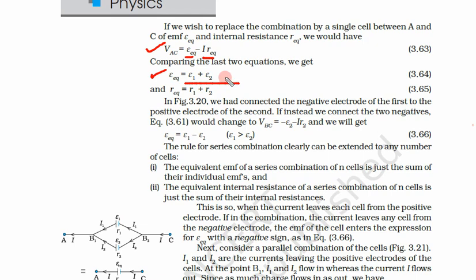It is a combination of both the EMFs, epsilon 1 and epsilon 2, and this R equivalent is, minus I and minus I were cancelled out, and this is R1 plus R2. Also this is quite obvious because in series the resistances are directly added. R equivalent is simply R1 plus R2.